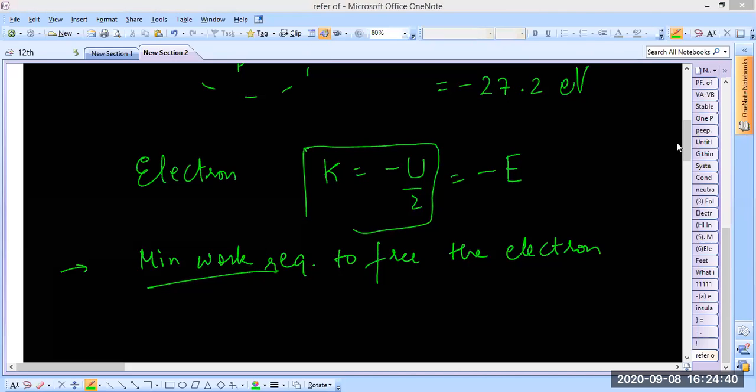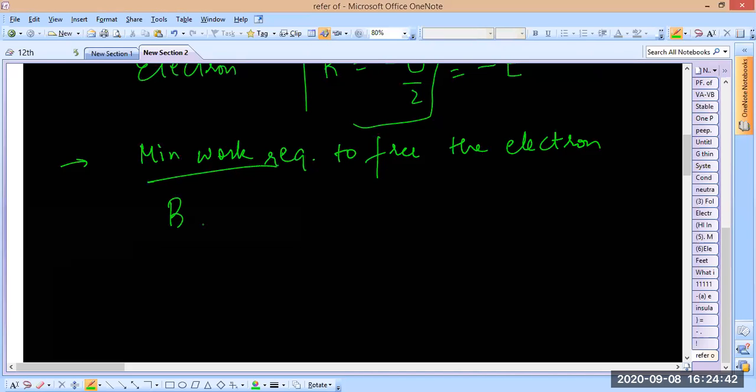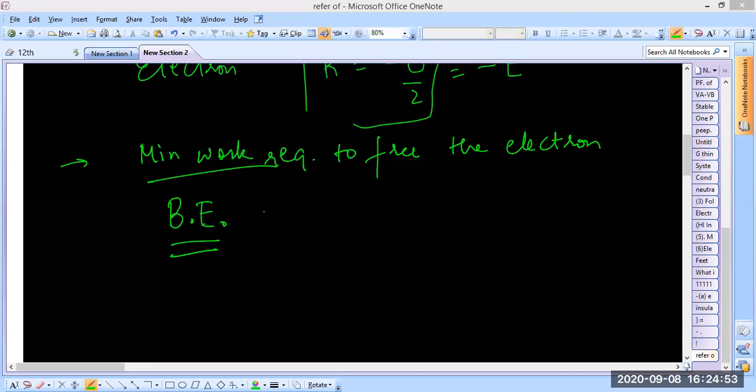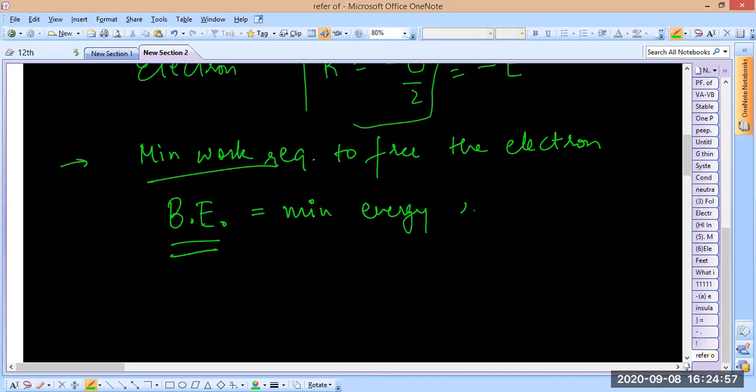It is called binding energy. Remember? Binding energy. Binding energy means the minimum energy required to be supplied to break the system.